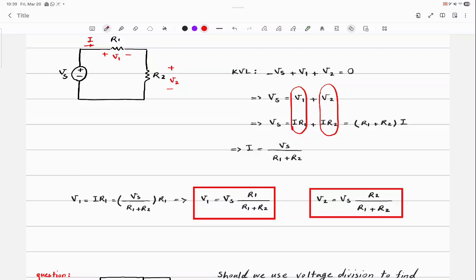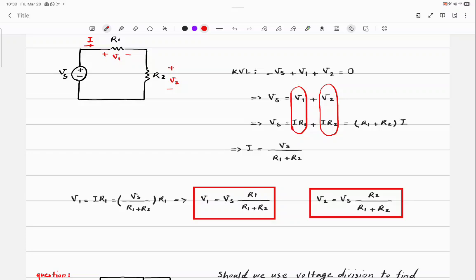My two series resistors are 40 ohms and 60 ohms.